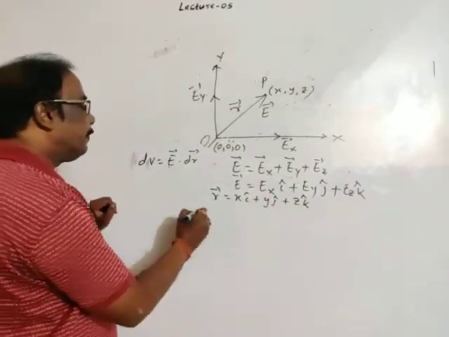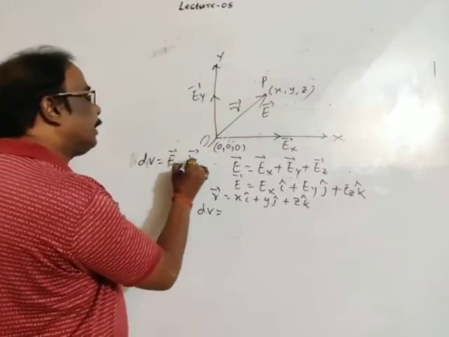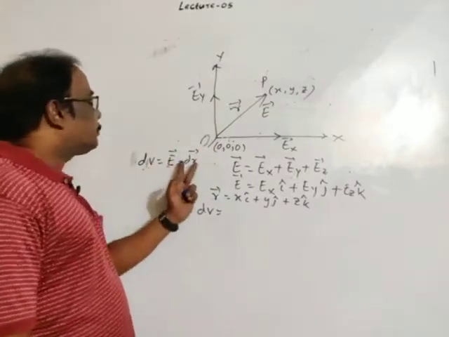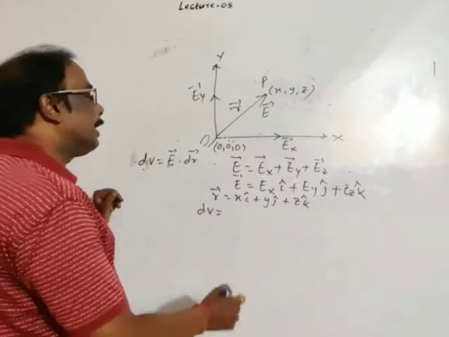Now use this formula, dV is equal to E dot dr, with small displacement dr and small potential difference dV.